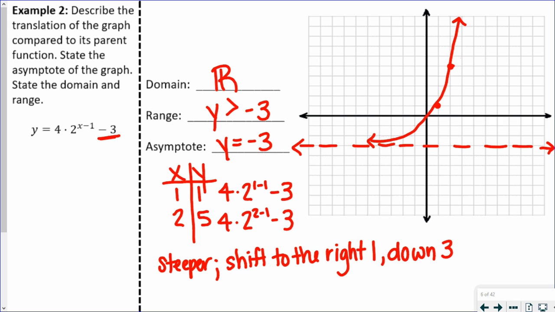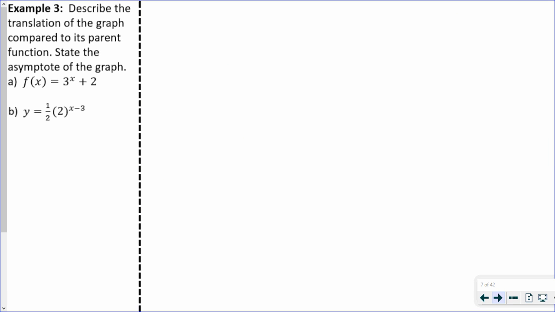Okay? All right. So now, on example 3, I want you to pause this, and you're going to describe the translation compared to its parent function, and then state the asymptote. So you don't have to graph these, so just say how it's moving around, and then what the asymptote is.